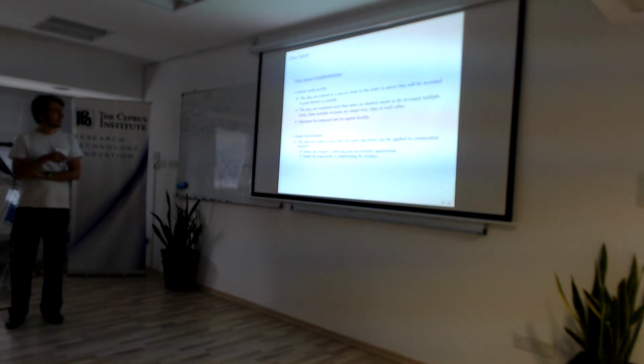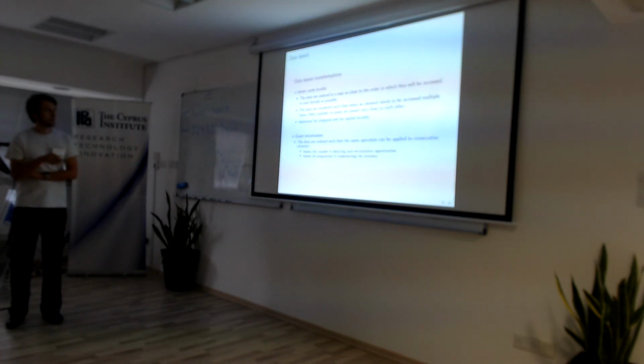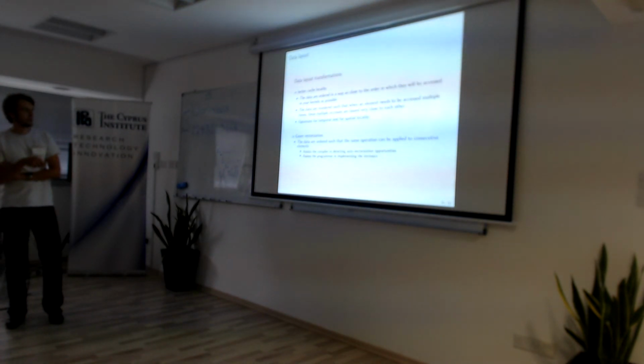So one should reorder the data such that if an element needs to be accessed multiple times, these accesses are close to each other. Okay, and one thing which comes with it is that it's then probably easier to vectorize your kernel.